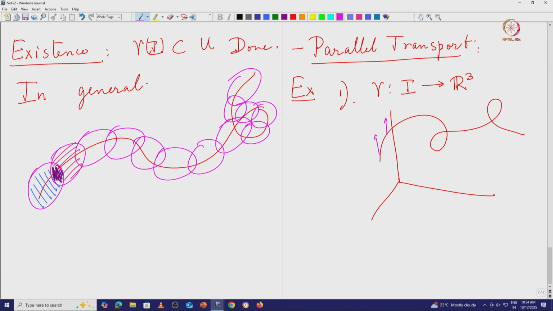What do you really understand when you say that a vector field is parallel? In Rn, or R3 in this case, it just means that the vector field points in the same direction all the time, right? So this is an example of a parallel vector field in R3.